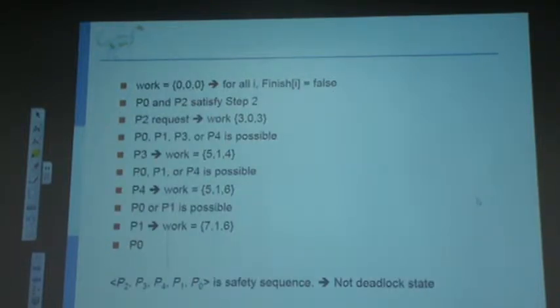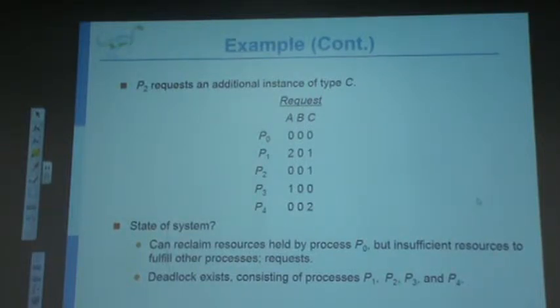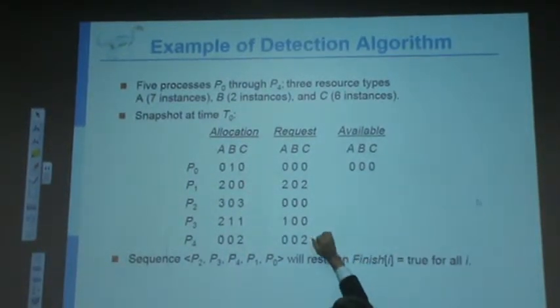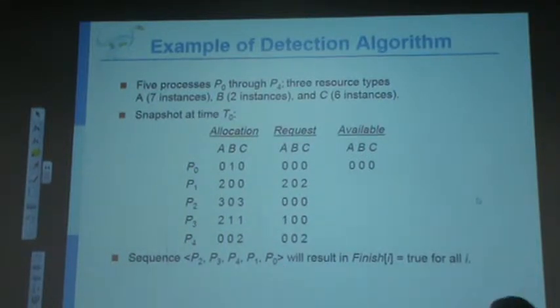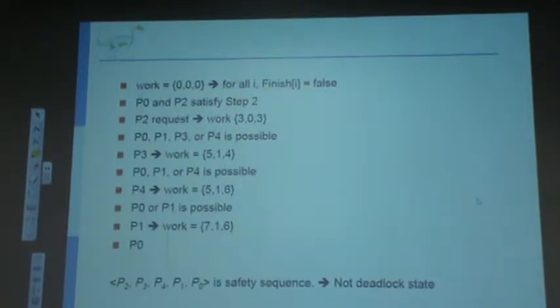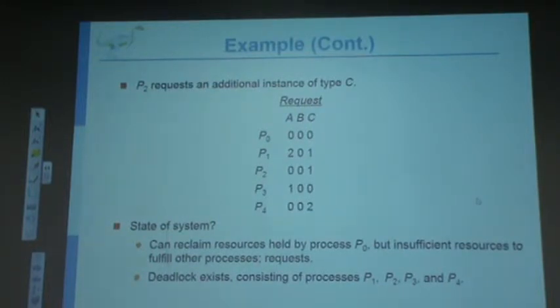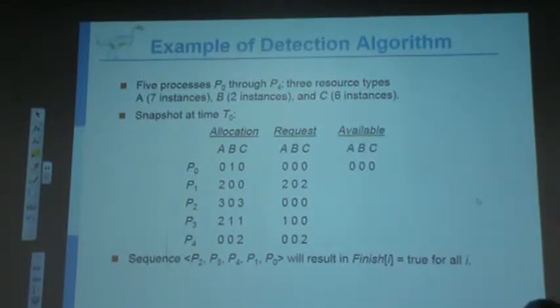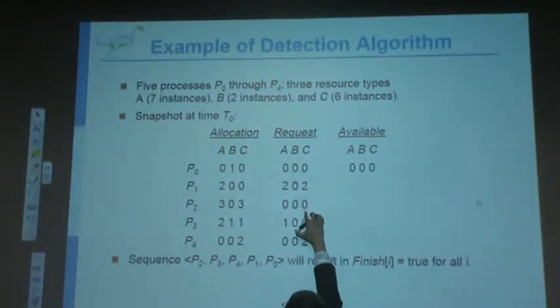What if you cannot find such a sequence? For example, P2 has an additional resource of C, which means P2 has one more C over here.